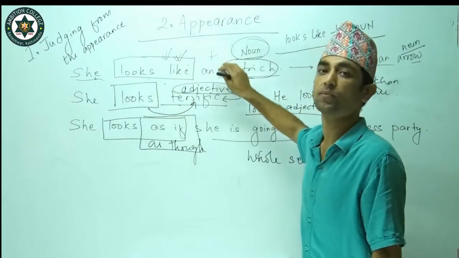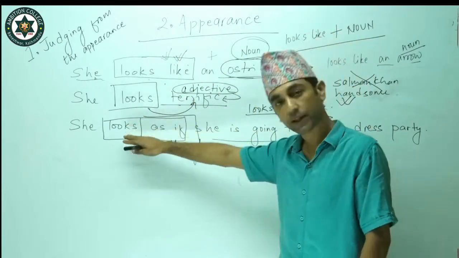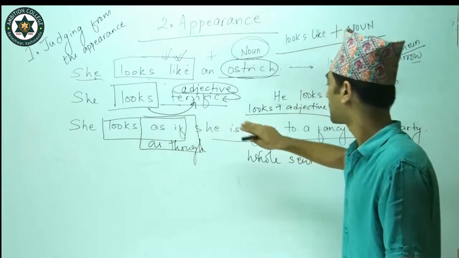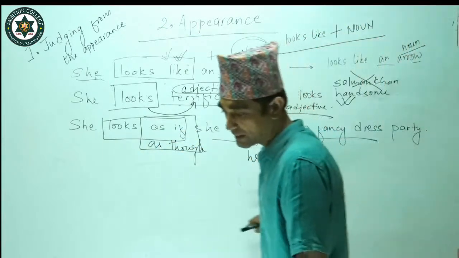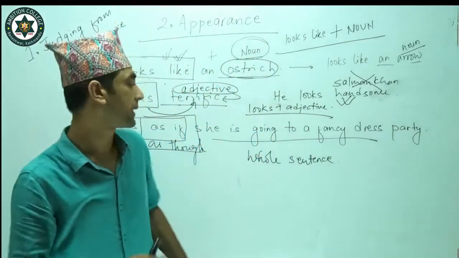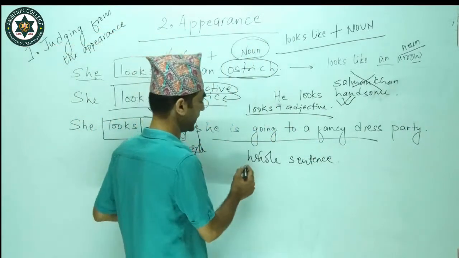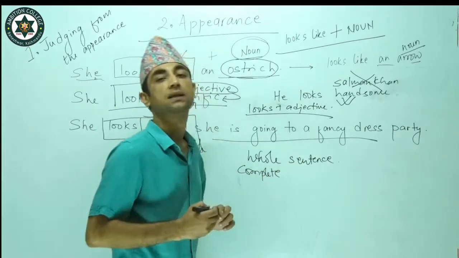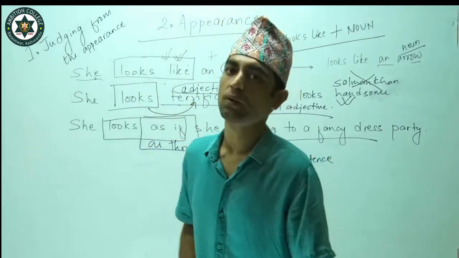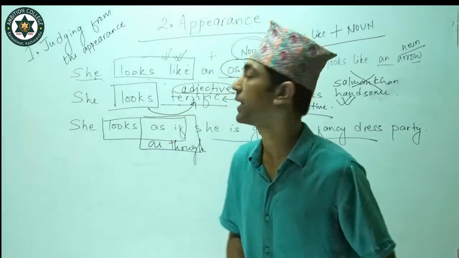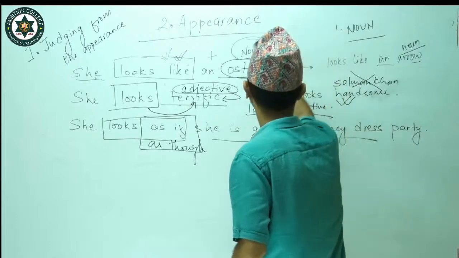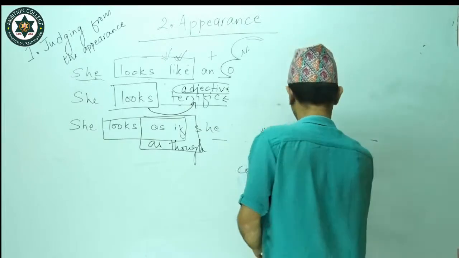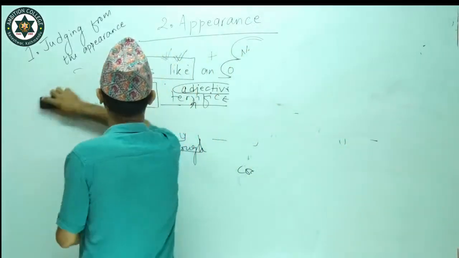With looks comes the adjective. And with looks plus as if or as though comes the complete sentence. So this is how we have the three different ways to judge people about their appearance. Let's check this one.